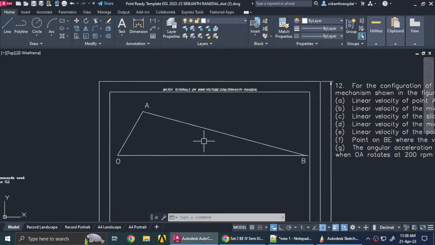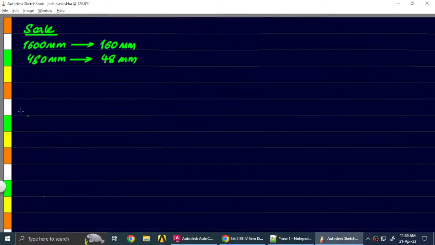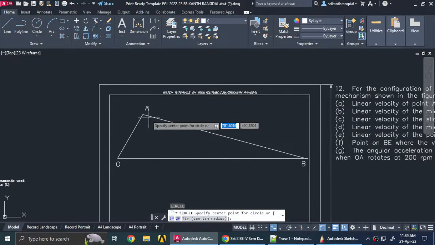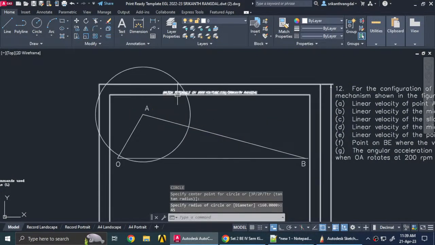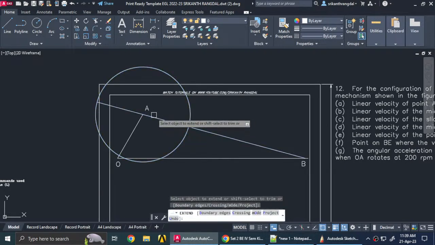Alright, and then we have to extend it backwards by a distance of 450 mm. When we draw it, we'll have to reduce by 10, so we have to draw it as 45 mm. So let's draw a circle with this point as center, 45, and extend this line backwards.